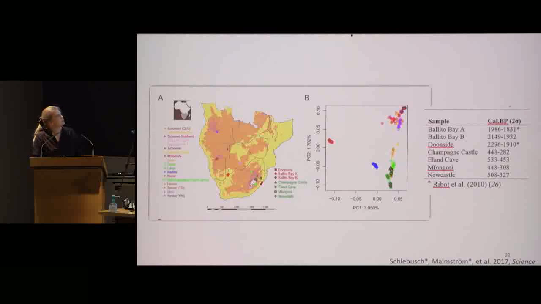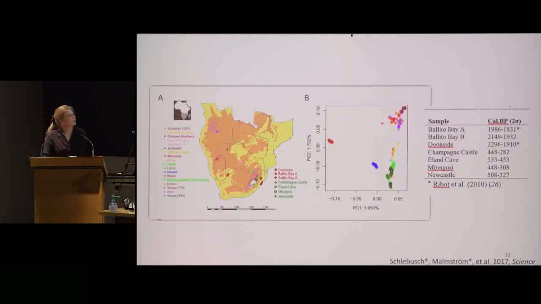And the older samples, the red ones, group with modern-day Khoisan groups, most of them living in the western parts of Southern Africa today. There are no Khoisan groups living in this part of Southern Africa today. So this signified that there was in this region a population replacement where Khoisan groups were replaced by incoming groups of West African ancestry, which then are the Bantu speakers that live today in Southern Africa.